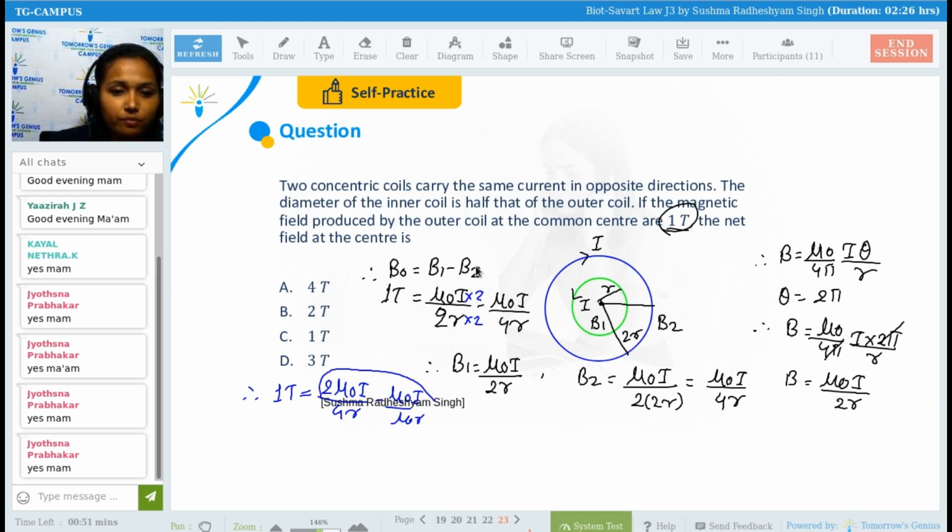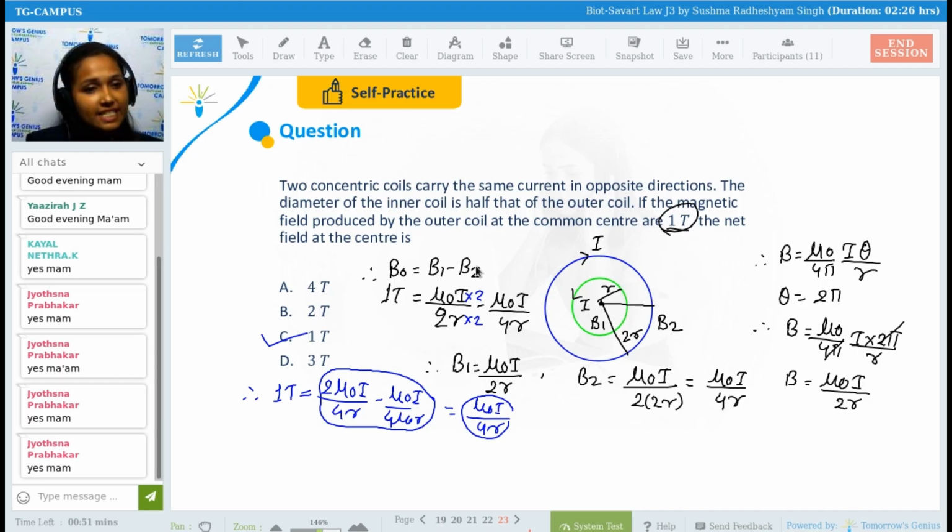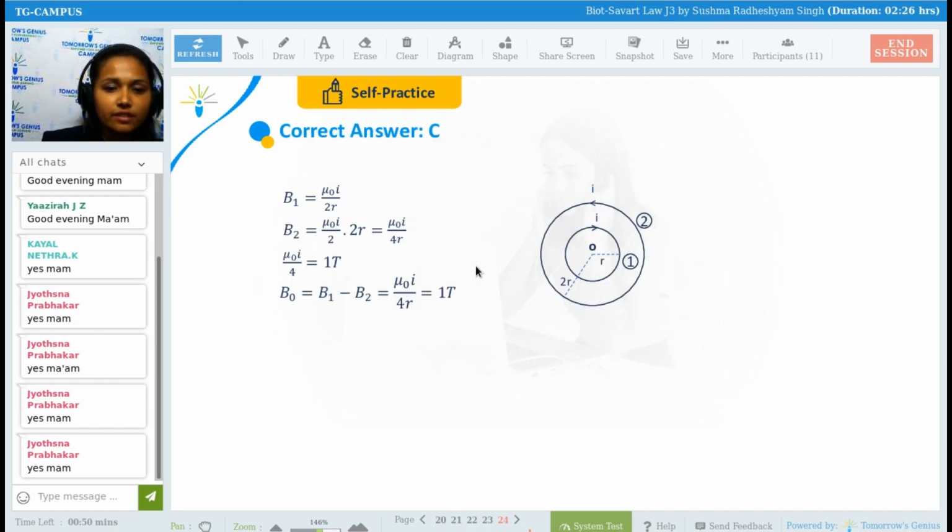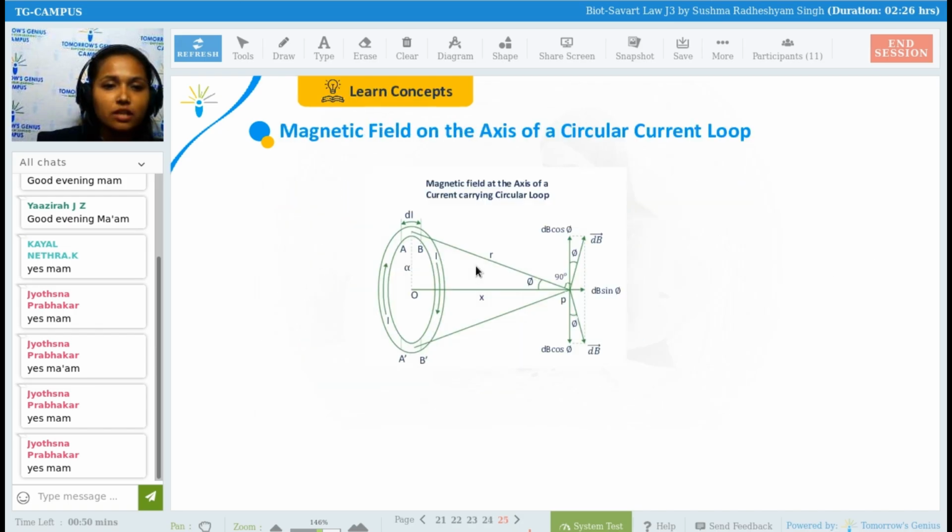So if we solve this type of problem, it is simply mu naught I upon 4R, which is for the inner coil. So the correct option is C. Getting? Because it's given 1 Tesla, the question is simply about deriving your magnetic field formula for half. Okay, this is the solution for that.